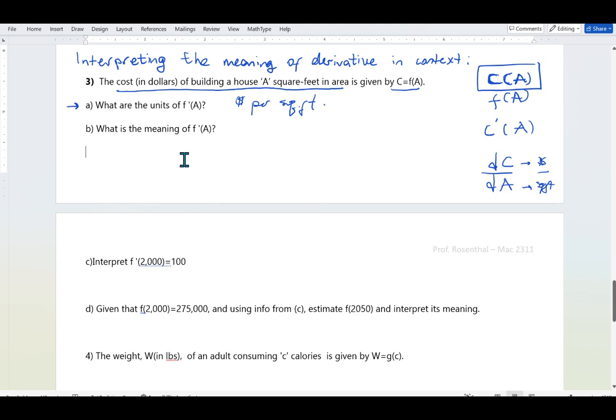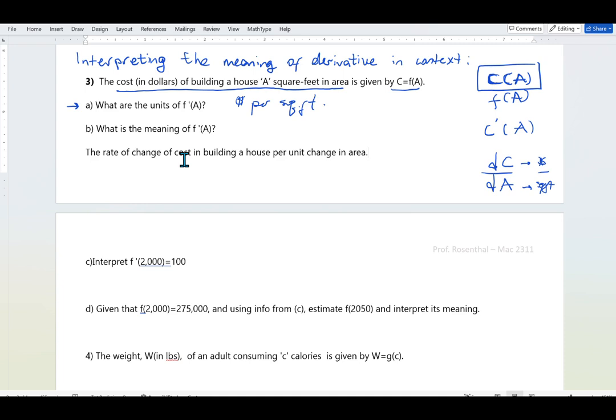So what is the meaning of f prime of a? As I just said it, and let me write it down this time. It represents the rate of change of cost in building per unit change in area.